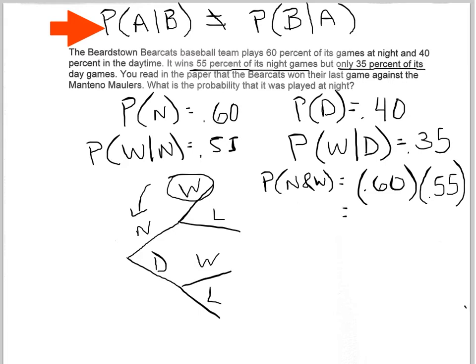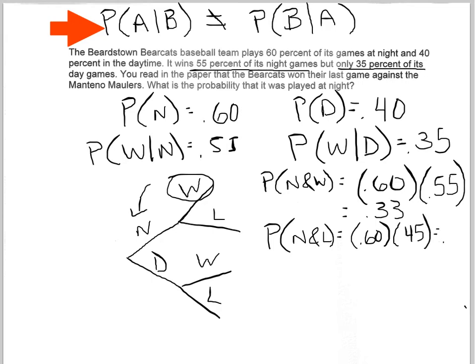So it's going to end up being 0.33. I'll be able to do that for every single one of these. The probability that they had a night game and lost: well, the night game's still 0.6. The probability of them losing would be 0.45, the complement. It's going to give me 0.27.